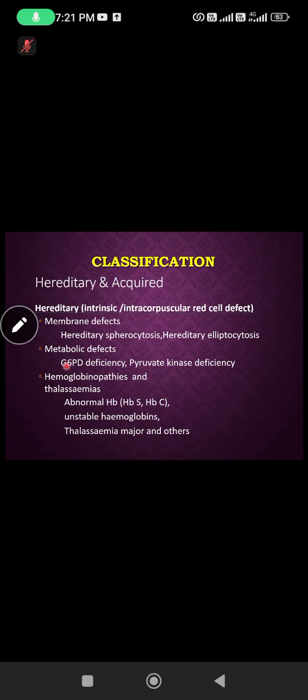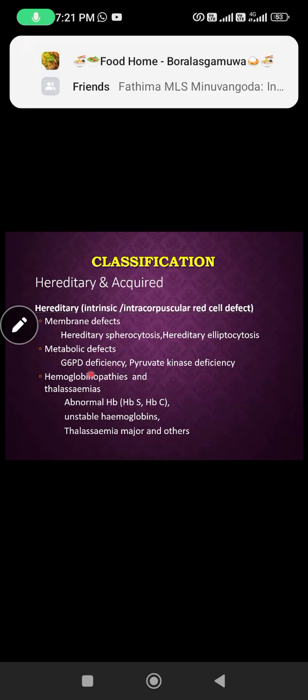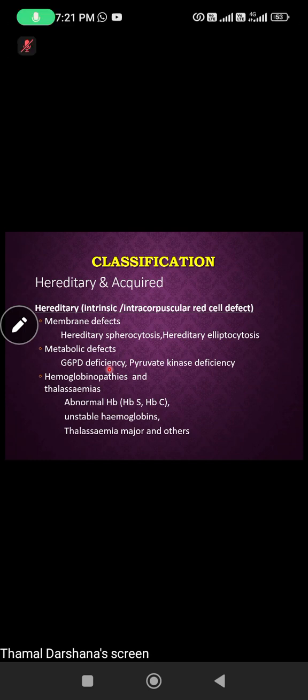Then we have metabolic defects as well, inherited metabolic defects, G6PD deficiency. You might have heard under biochemistry, this is an enzyme in the pentose phosphate pathway, and that is the only pathway producing reducing energy inside the red blood cell, because the red cell doesn't have a nucleus and mitochondria.